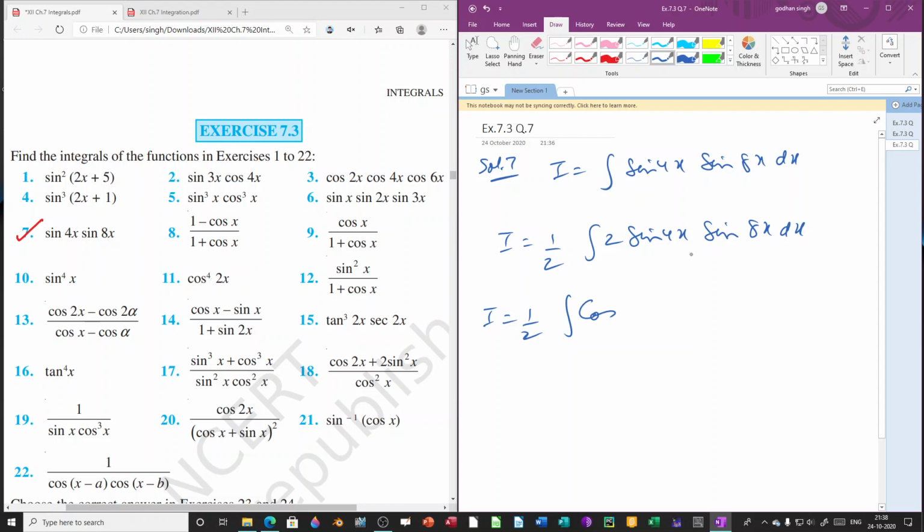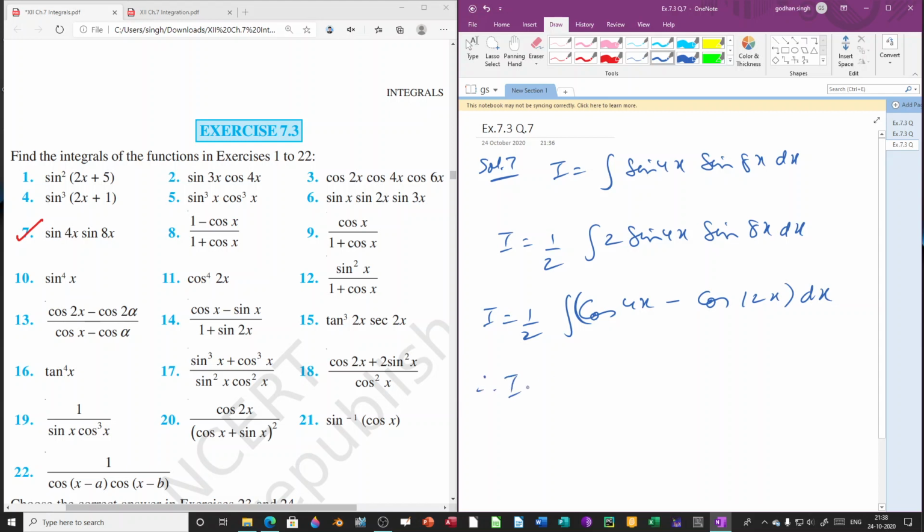Cos x minus y, this is cos 4x minus 8x. Cos minus 4x, but we know that cos minus 4x is equal to cos 4x. So we can write simply cos 4x minus cos, then x plus y. So 4x plus 8x, that is 12x, and dx.